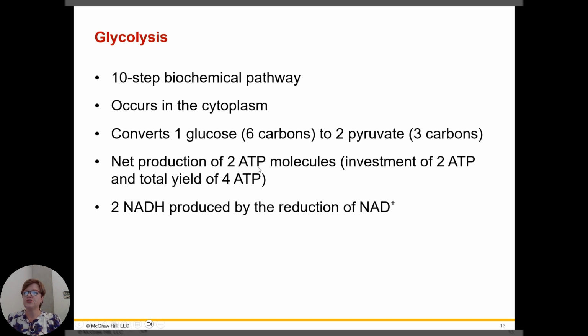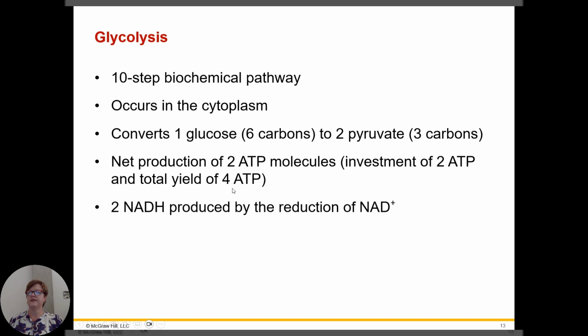Ultimately, we produce 2 ATP molecules in glycolysis. We say 2 net ATP molecules. The word net means that there's an investment, a using of 2 ATP molecules to start the process. You have to put some energy in, but you get a total gross yield of 4 ATPs.